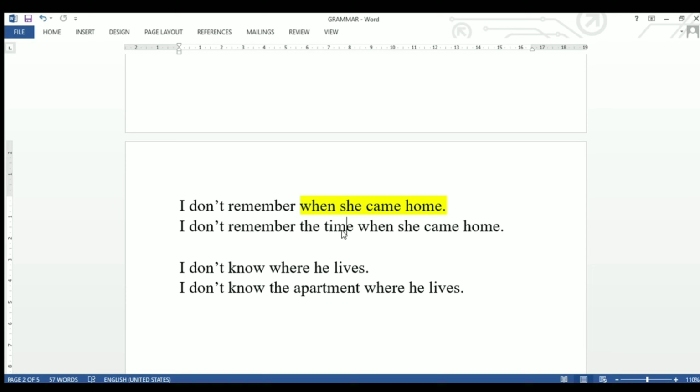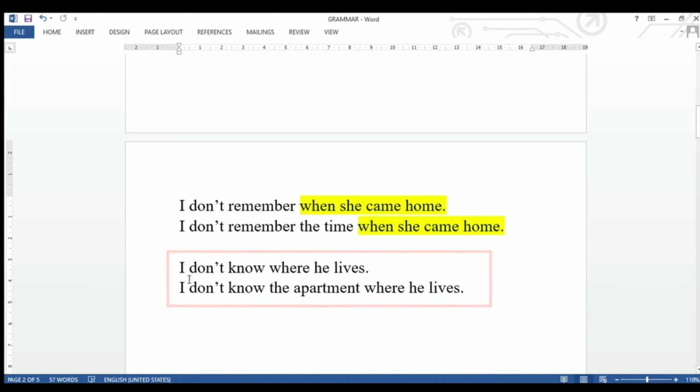It is not clear. So we add when she came home to it. It modifies the time and makes it more specific. So when she came home is the adjective clause, which modifies the time.